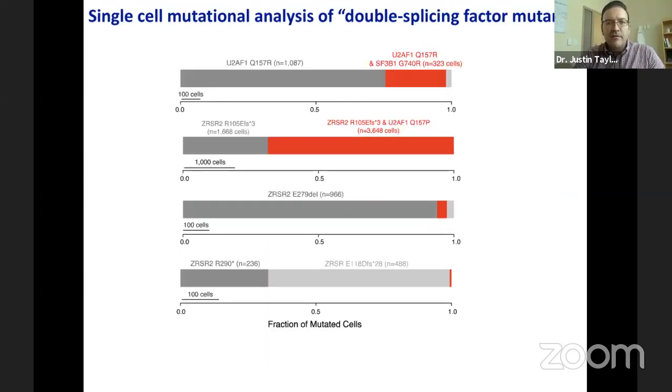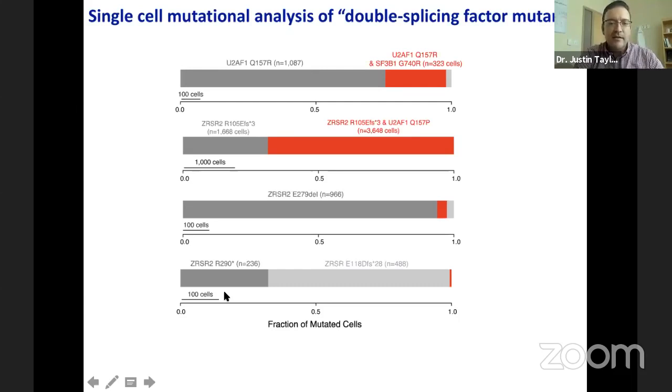Here are some of the other samples that we sequenced where you have a U2AF1 and an SF3B1, or ZRSR2 and U2AF1. Another case where we had mutual exclusivity was these 2 ZRSR2 mutations shown at the bottom.